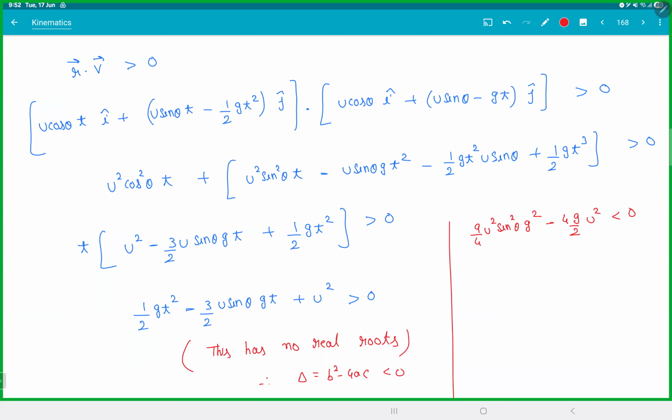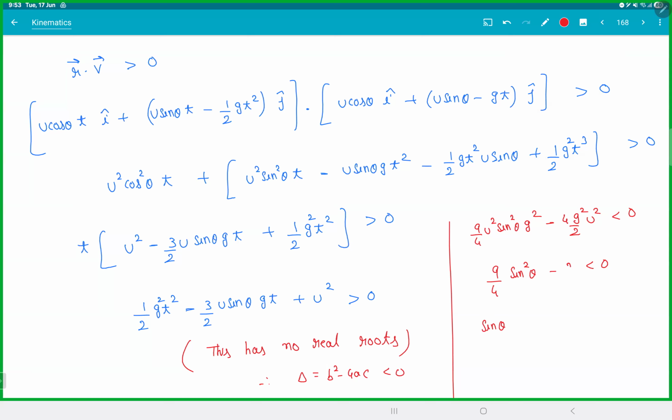A student says in the second equation it should be g square t cube, the last term. Yes, it was g square. So u square goes off, g square goes off. You're stuck with 9 by 4 sin square theta minus 4 is less than 0.